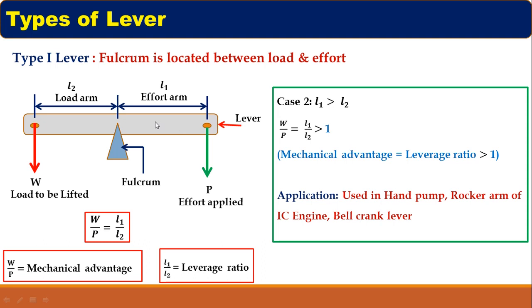If the effort arm and load arm are not in one line and they are making some angle other than 180 degrees, that kind of lever is called a bell crank lever. More specifically, if effort arm and load arm are perpendicular, this kind of lever is called a right angled bell crank lever. So let us look at each and every example in the different slides.